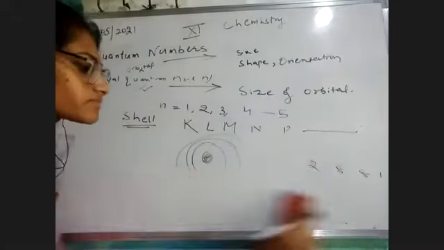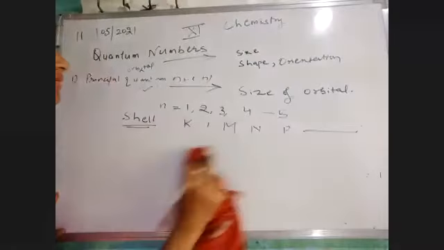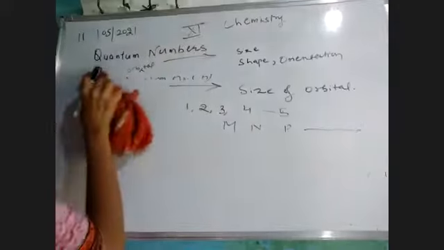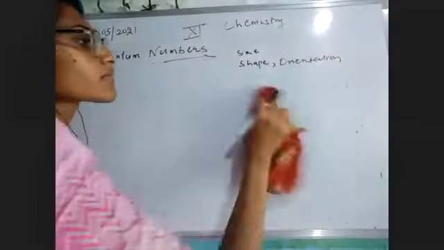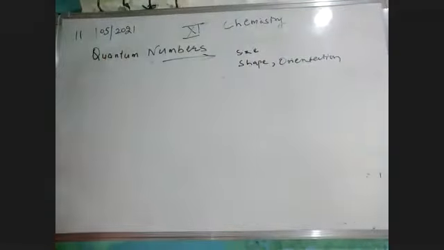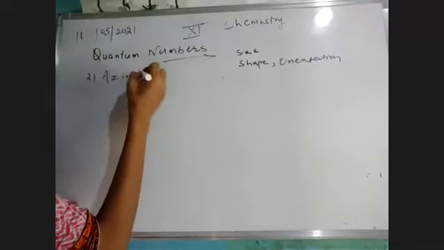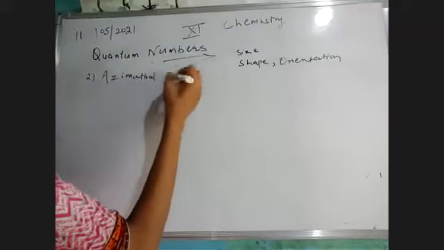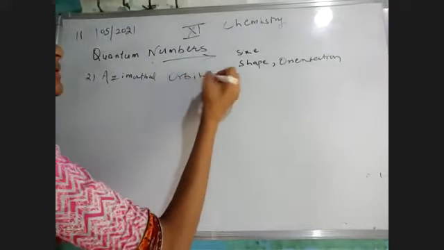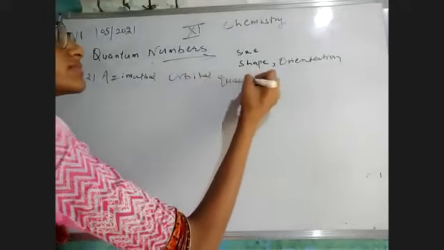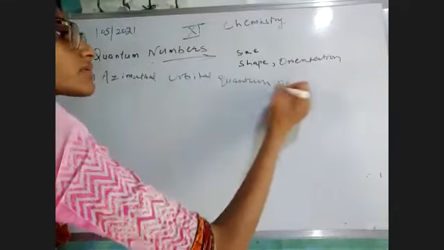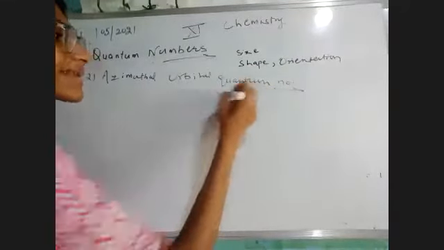Let's start. The second one is our azimuthal orbital quantum number, which is denoted by small l.